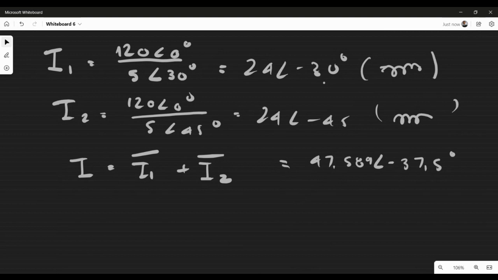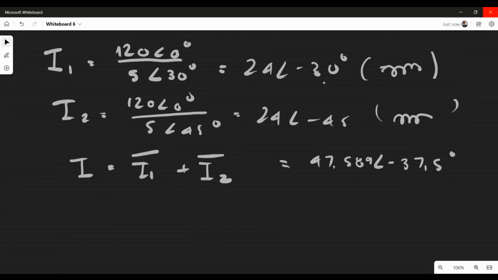I get 897 at 33.75. Can we just confirm that answer? Is it 47.5? Is it 589? I'm getting a different answer. Let me just confirm. Minus 30 plus 24 at negative 45. Yeah, it's 589 at 37.5.